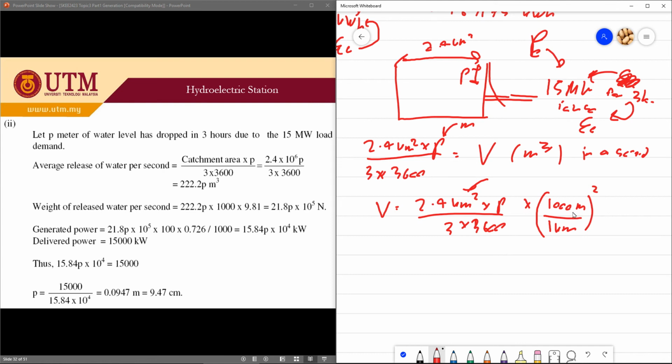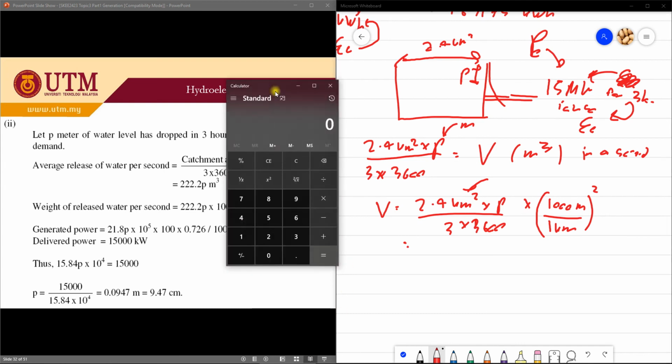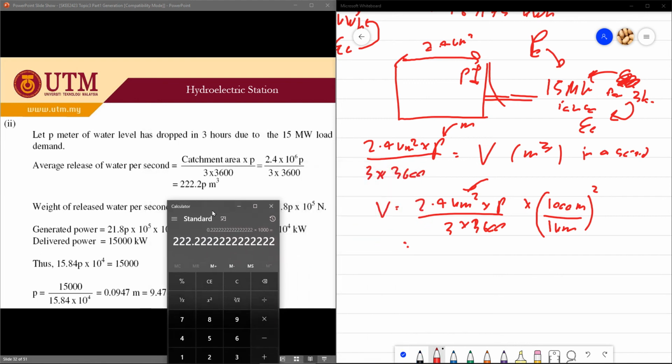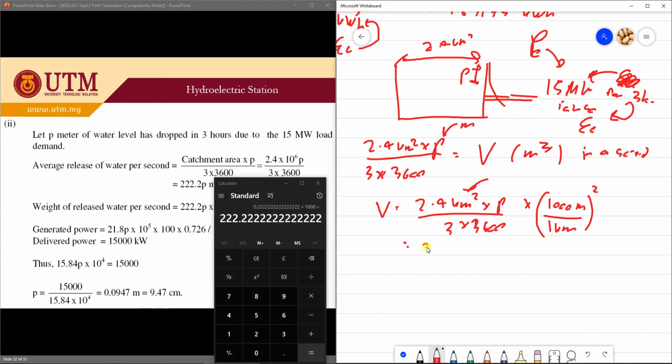So 2.4 divided by 3 divided by 3600, multiplied by 1000 and again by 1000. You get 222.22 P. P is unknown.